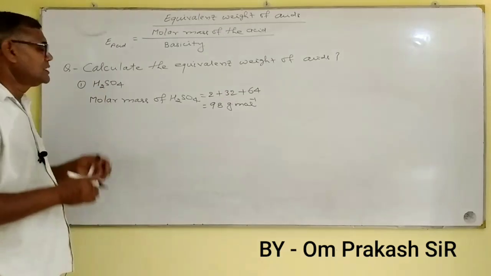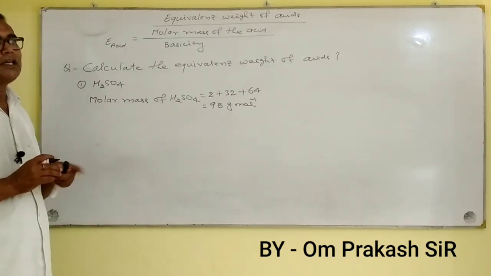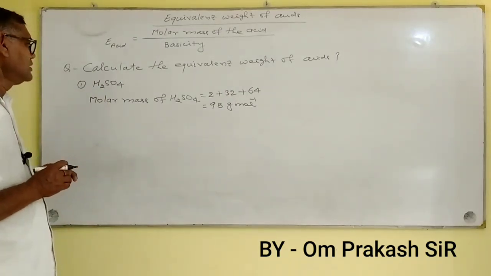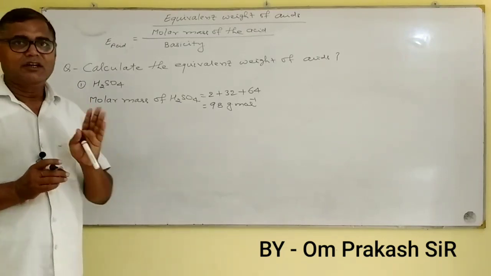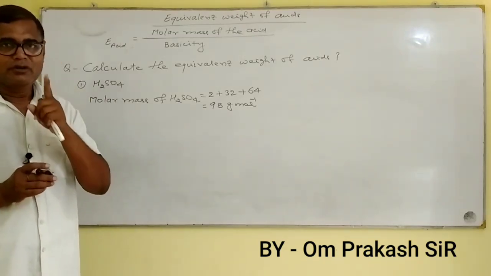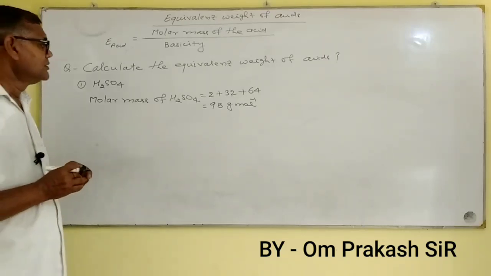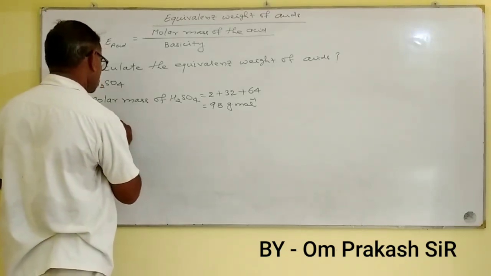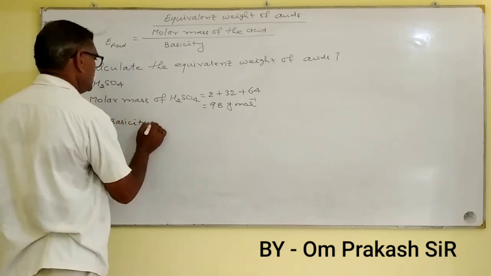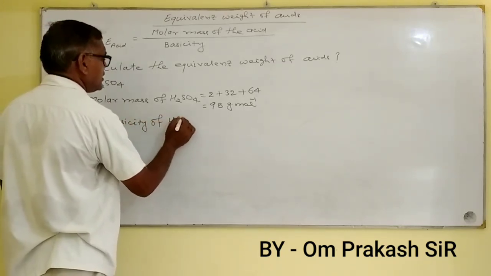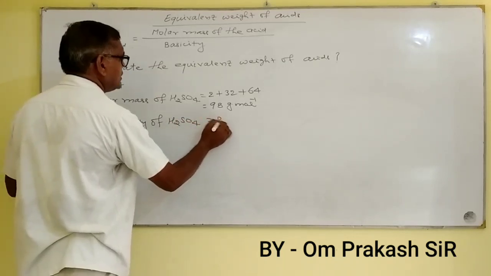In H2SO4, number of H plus ion is equal to 2. Therefore, basicity of H2SO4 is 2.